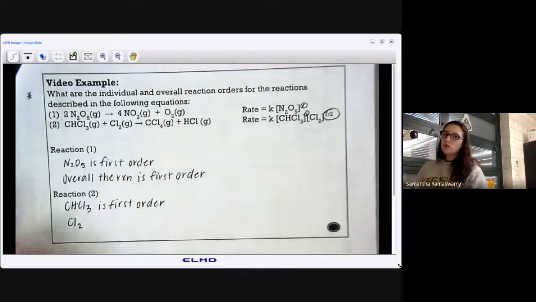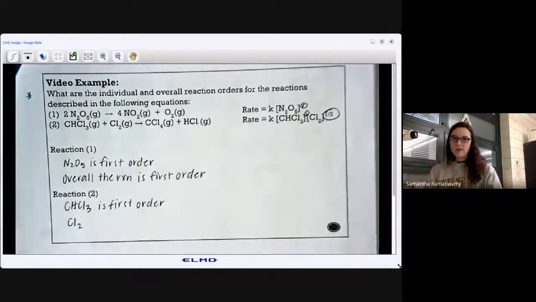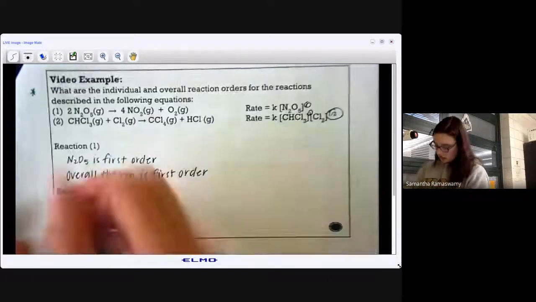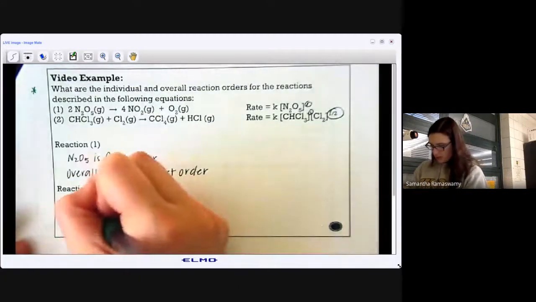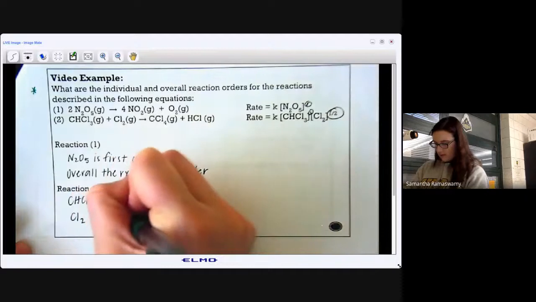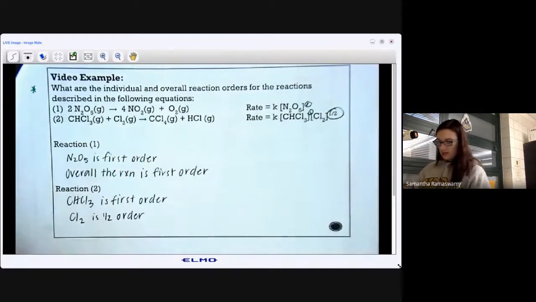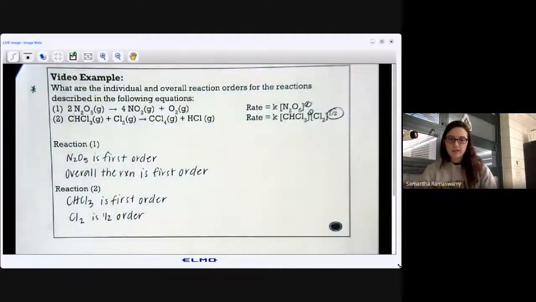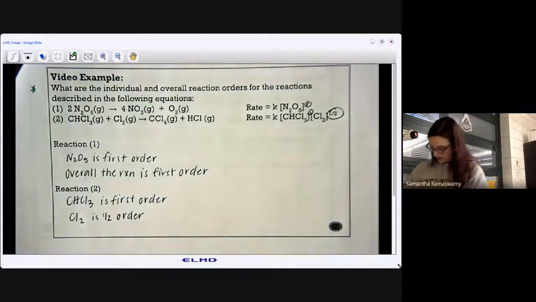Now, we don't usually see fractional orders, but we've seen it in the multiple choice before, where it already gives us that exponent. So we would say Cl2 is 1/2 order, just identifying that that exponent is the order.